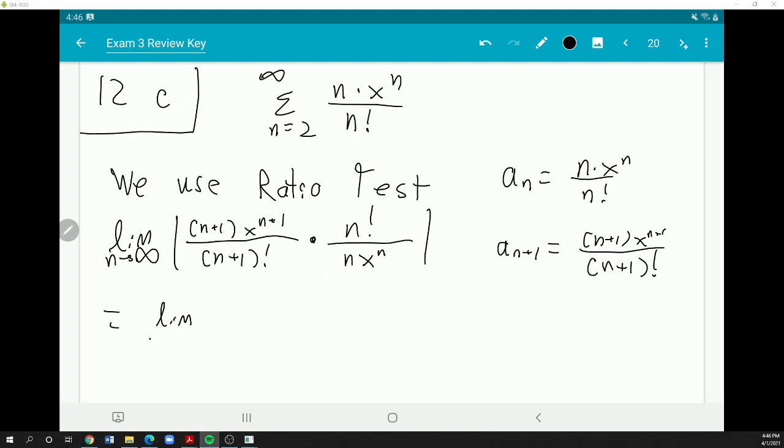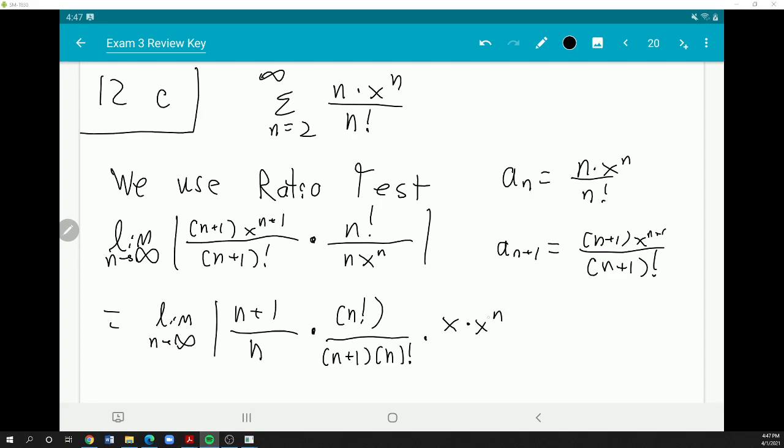So I have the limit as n goes to infinity. What's the normal trick? Put similar terms over each other. n factorial, and I have (n+1) factorial, so I'm going to rewrite it in this way, times x to the n over x to the n.